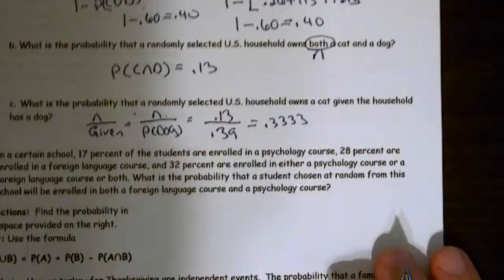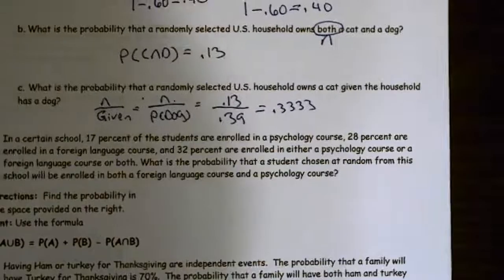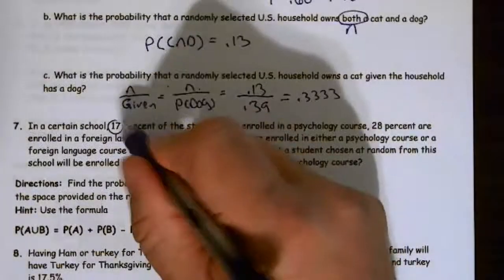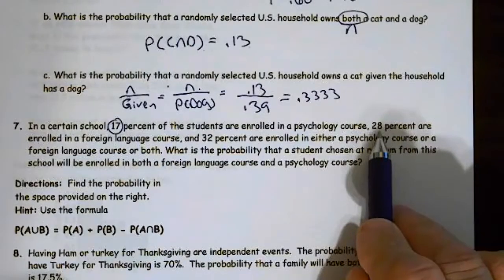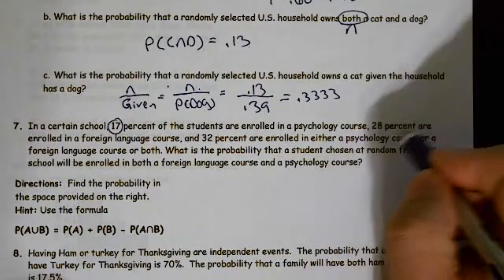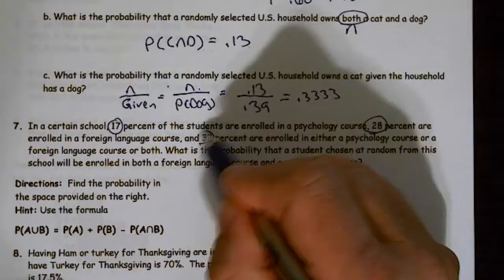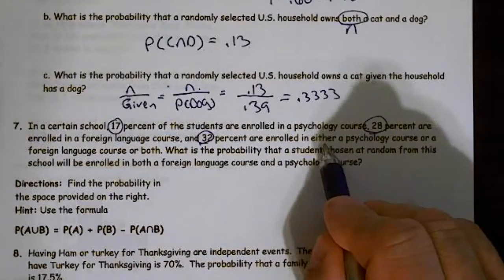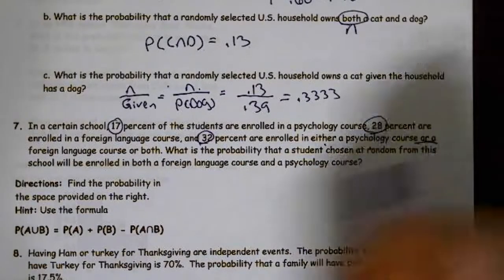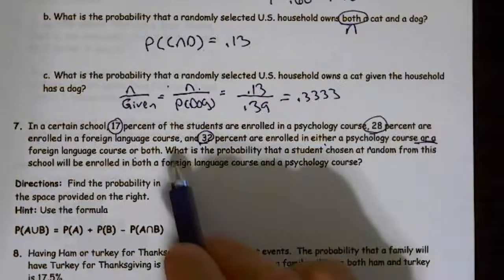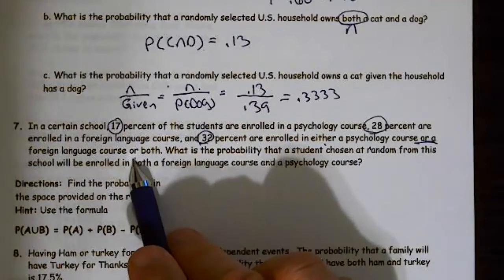All right. Next question. In a certain school, 17% of students are enrolled in a psychology course. 28% are enrolled in a foreign language. And 32% are enrolled in either a psychology course or a foreign language or both. It was nice that they put the or both, but they really didn't have to.